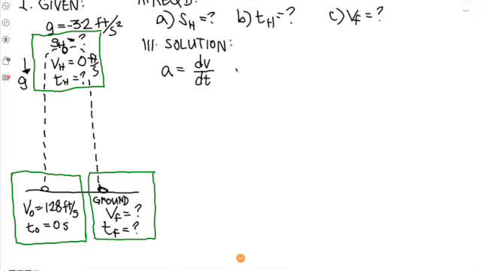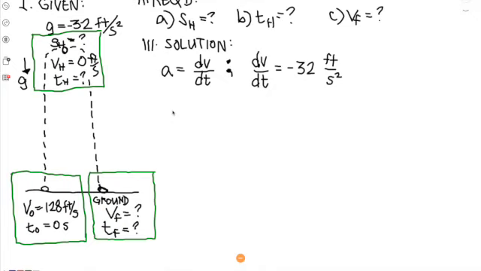Since acceleration is equal to dv over dt, we can simply write that as dv over dt equals negative 32 feet per second squared. This is our differential equation.